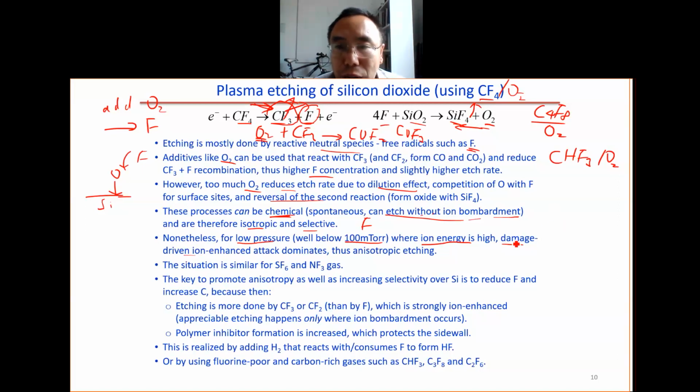That means when the ion energy is high, the bombardment of the silicon oxide will form dangling bonds.